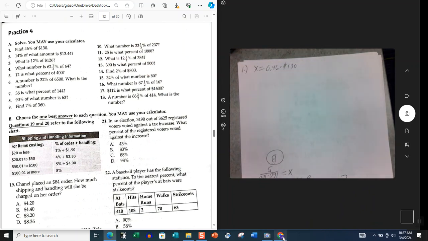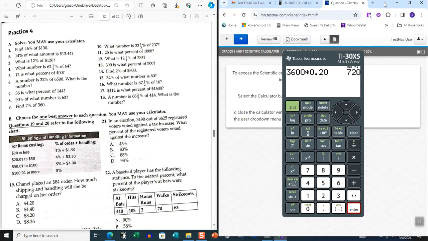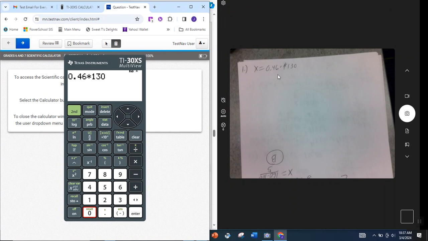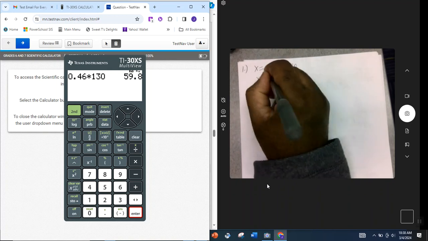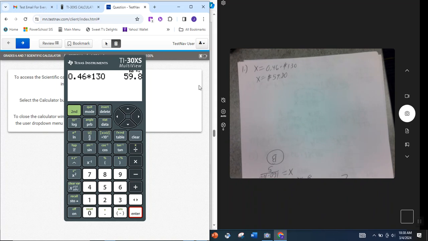So now we just pull up our calculator, and we will have 0.46 times the 130. And just so you can see it, put it here and press enter. So it should be x is $59.80. All right, now we move on.